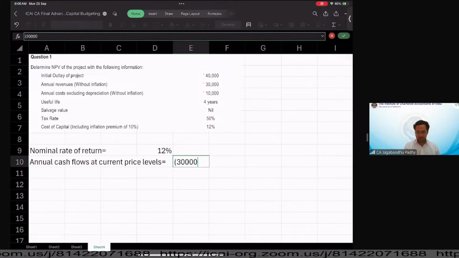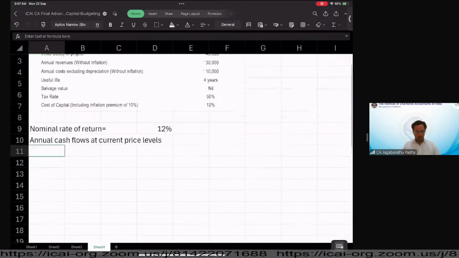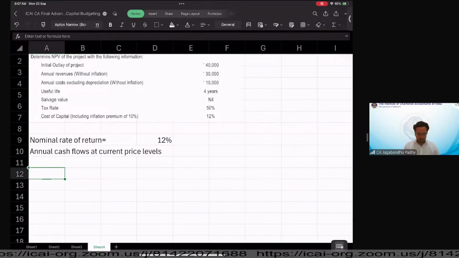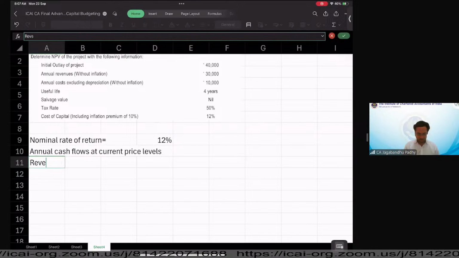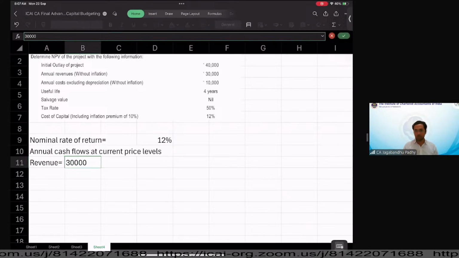We have 30,000 as a revenue, right? From that, you subtract 10,000 as the cost, right? Let me have it in the form of a table. Annual cash flow at current price level. For that, revenue will be 30,000.